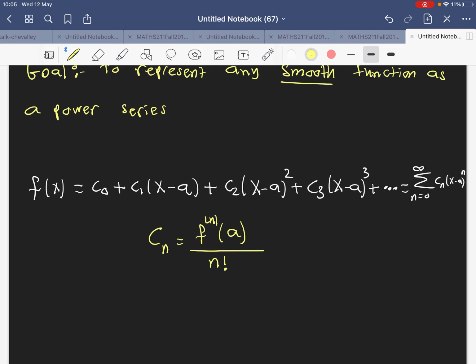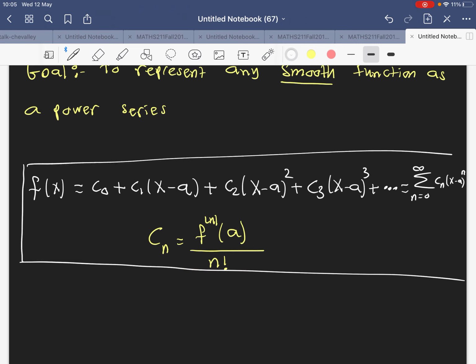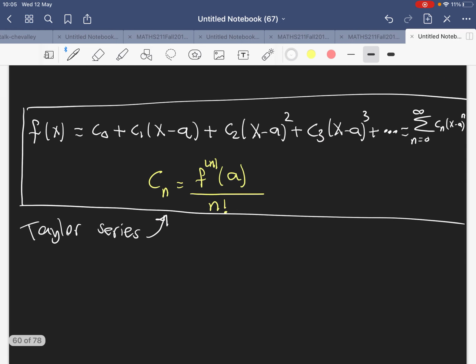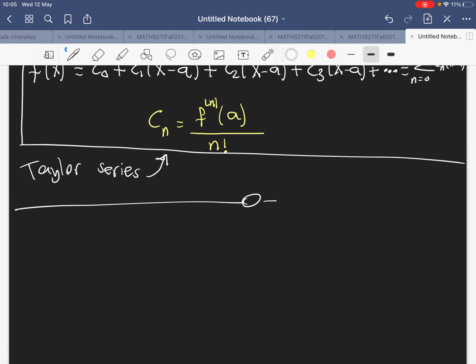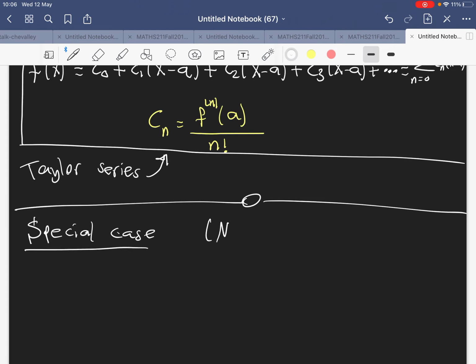And this is what we call the Taylor series. Now we have a special case of the Taylor series, which we call the Maclaurin series, and that is if the center a equals 0.